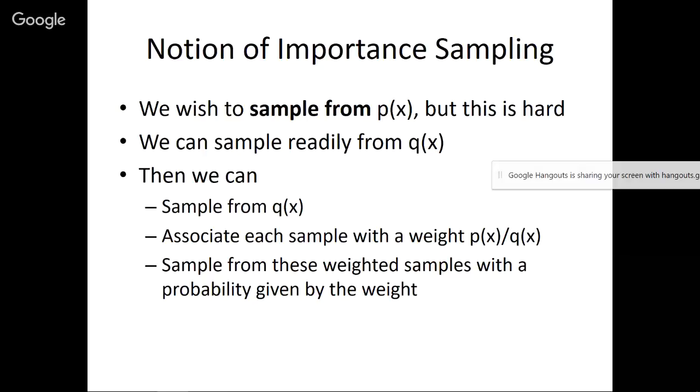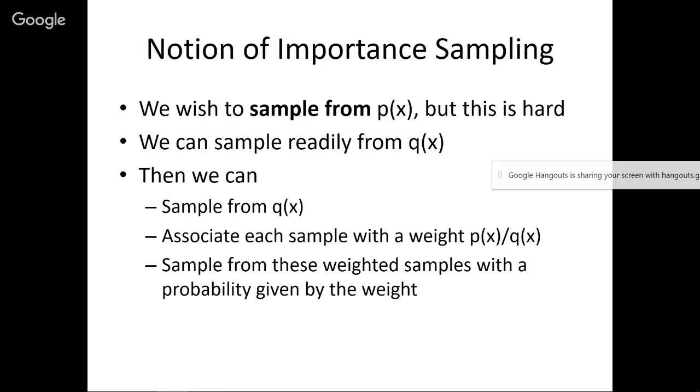So instead, we sample from something that's easy, and we associate weights which emphasize things that occur more frequently in the distribution we do want to sample from relative to their frequency of occurring in this easy to sample distribution, Q of X. And then we sample in turn from these weighted samples according to their weight. And it turns out that this basic method can provably be used to sample from P of X.